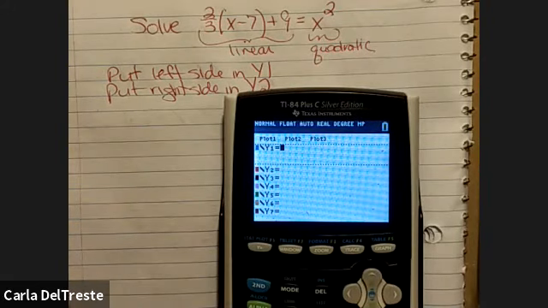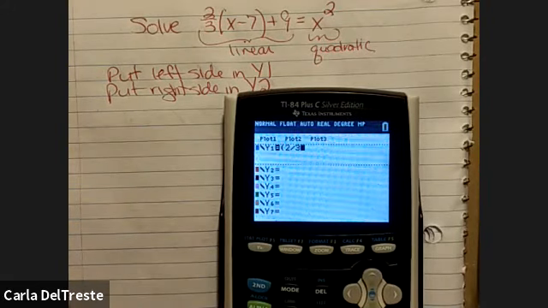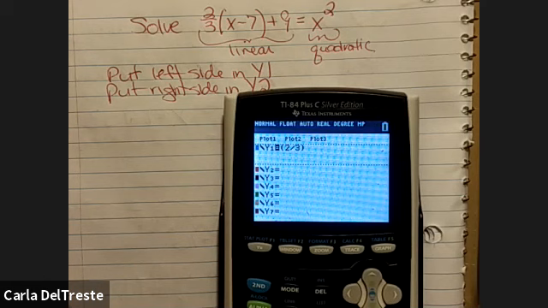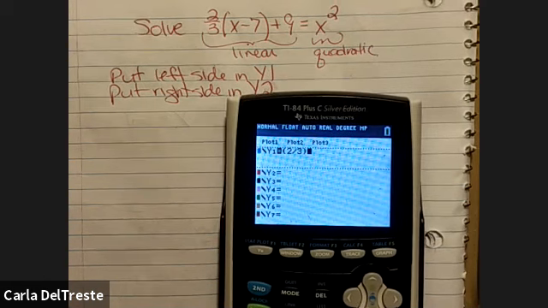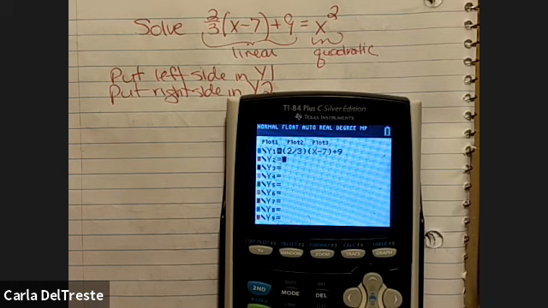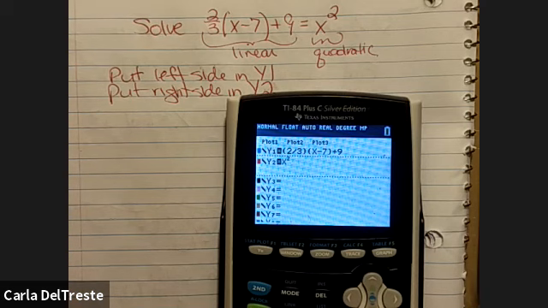So clear what we have there. We're going to put 2/3. I like putting my fractions in parentheses. I mentioned that in a previous video. Times x minus 7 plus 9. And then in my y2, I'm going to put x squared.